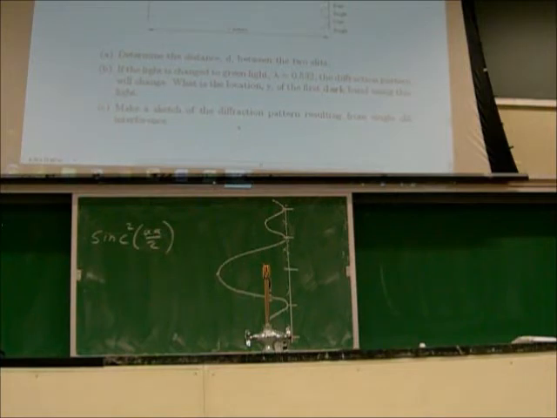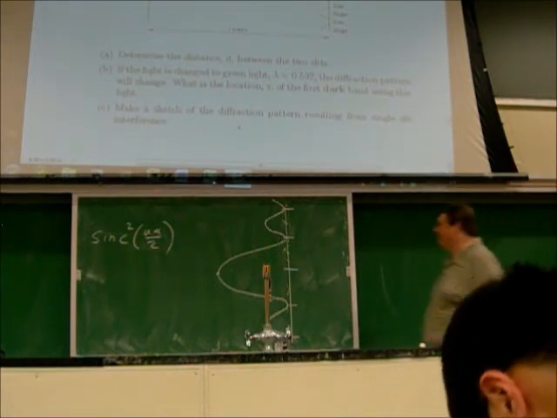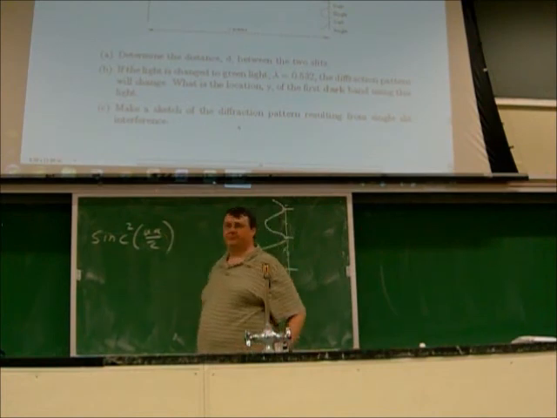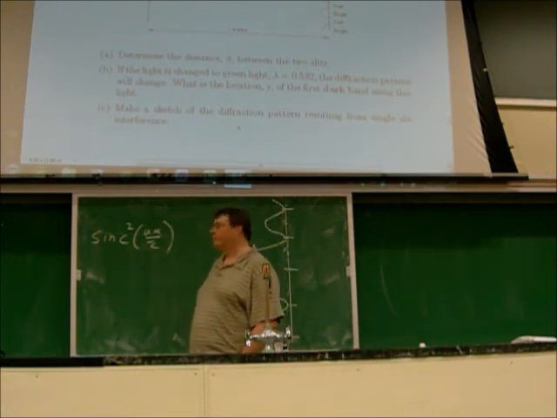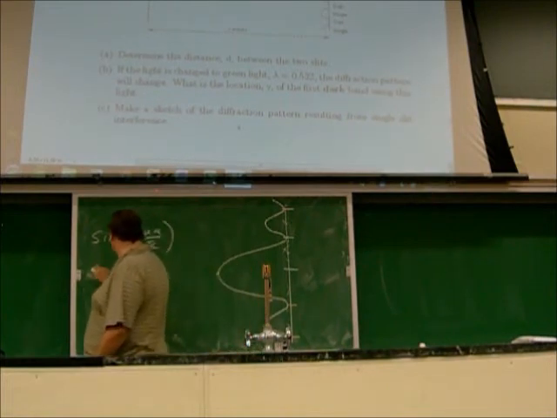Remember? It's the one that you guys have all been integrating every night before you go to bed. Okay? And what was u? u was 2 pi over lambda times sine theta.